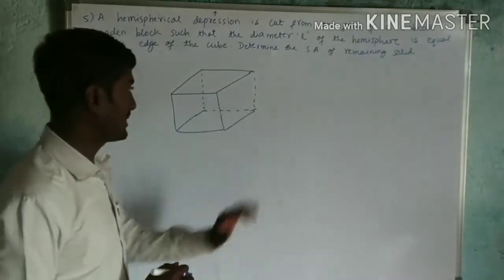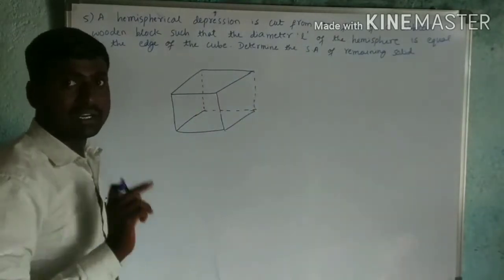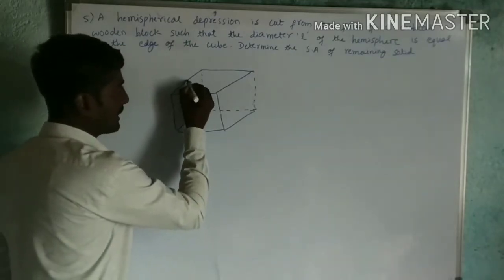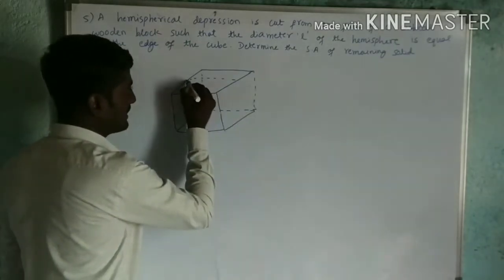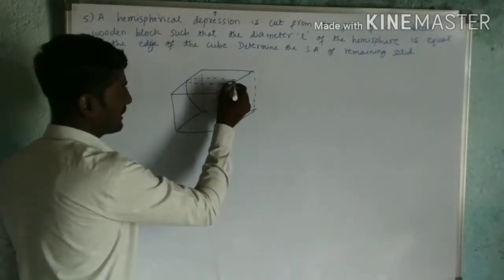Okay. So first, the diameter of the hemisphere is equal to the edge of the cube. So let us form the hemisphere here. In this way we are going to cut the hemisphere.